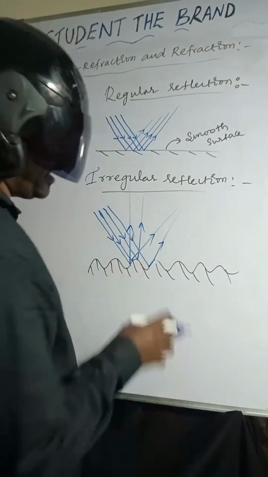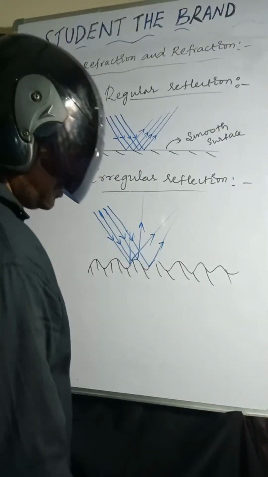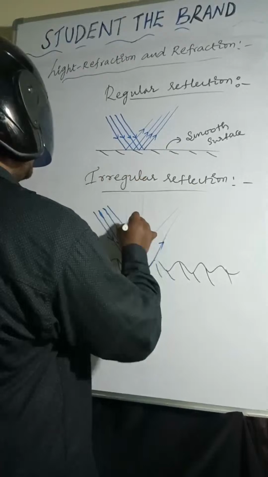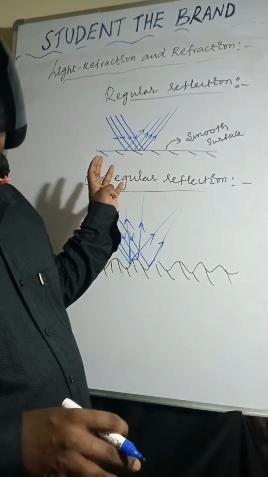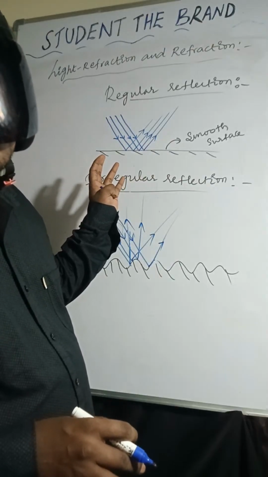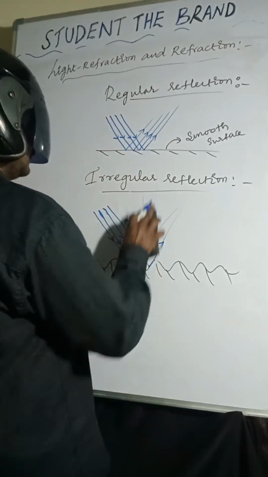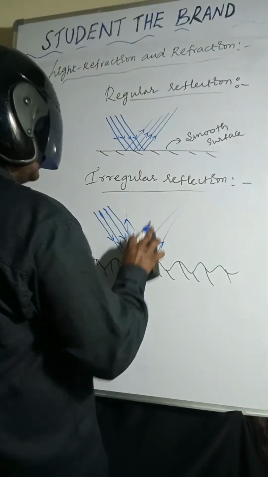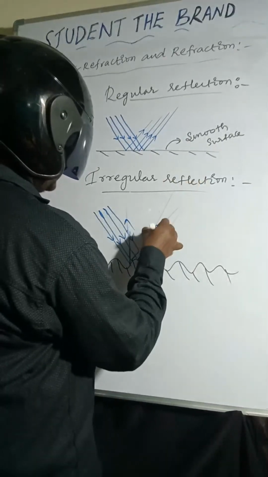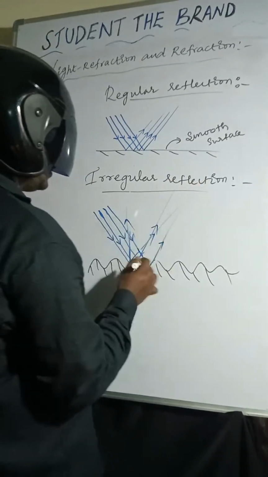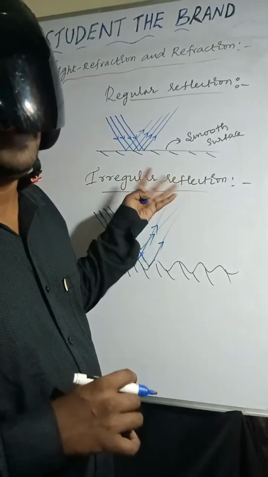These light rays are not parallel to each other, so they will move in different directions. Incident light rays are parallel, but reflected light rays are not parallel to each other. So I hope it is very clear now.